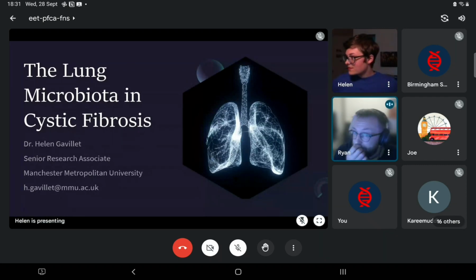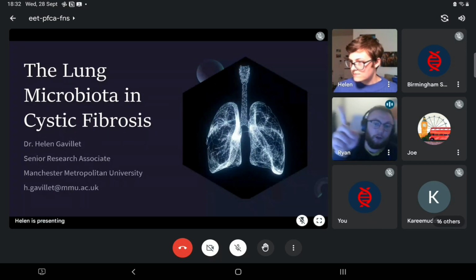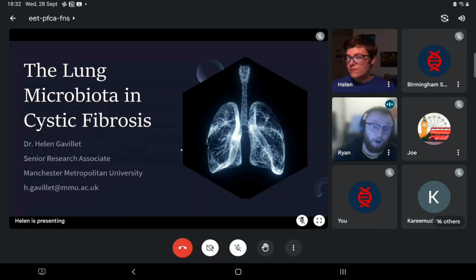So, is it possible to isolate the different species of bacteria in the gut from stool samples? In theory, it is. As I said before, as you start at the top of the intestinal tract, there's obviously more oxygen. As you work your way through the small intestine to the colon, that oxygen depletes to nothing.